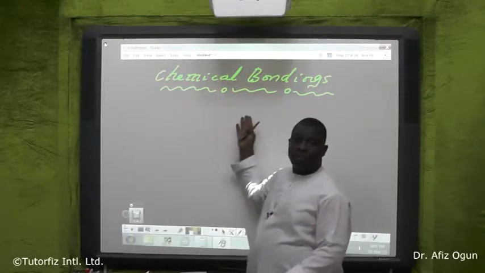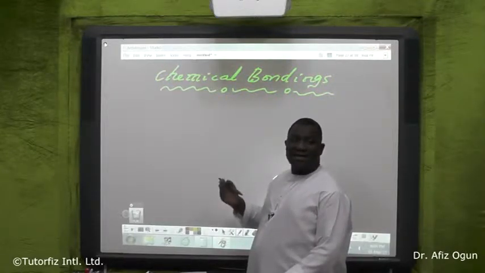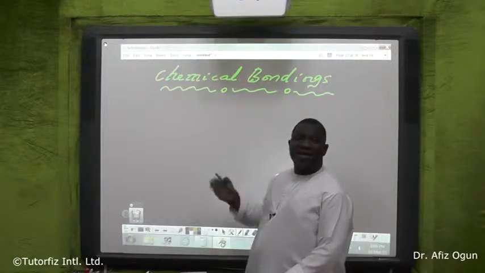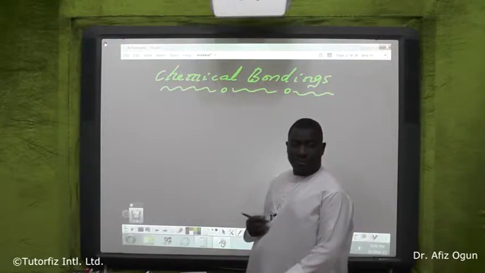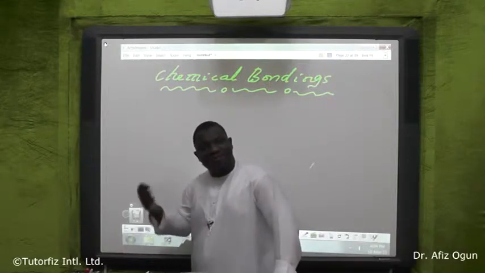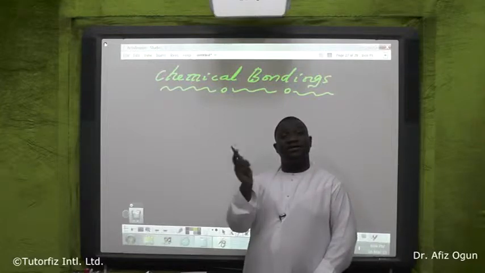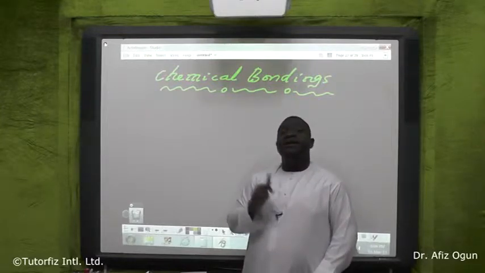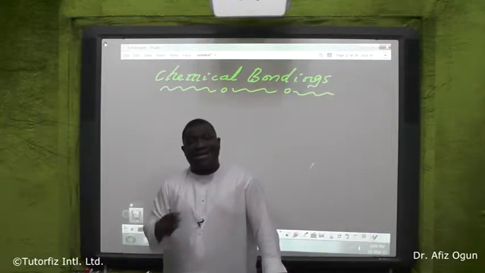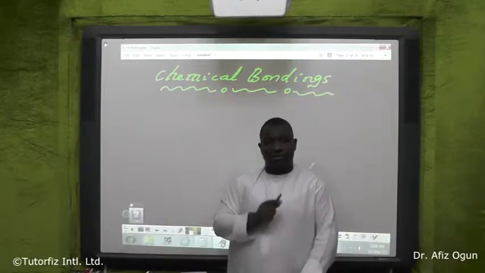There are 2 types of bonding that will do this for them. It's either they undergo ionic bonding or covalent bonding. If they undergo ionic bonding, at the end of this bonding they will have a full outer shell. If they undergo covalent bonding, at the end they will also have a full outer shell.